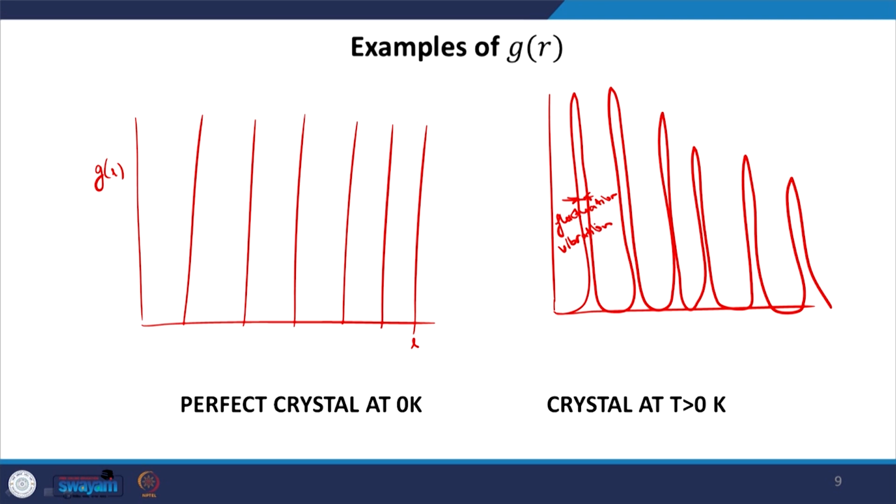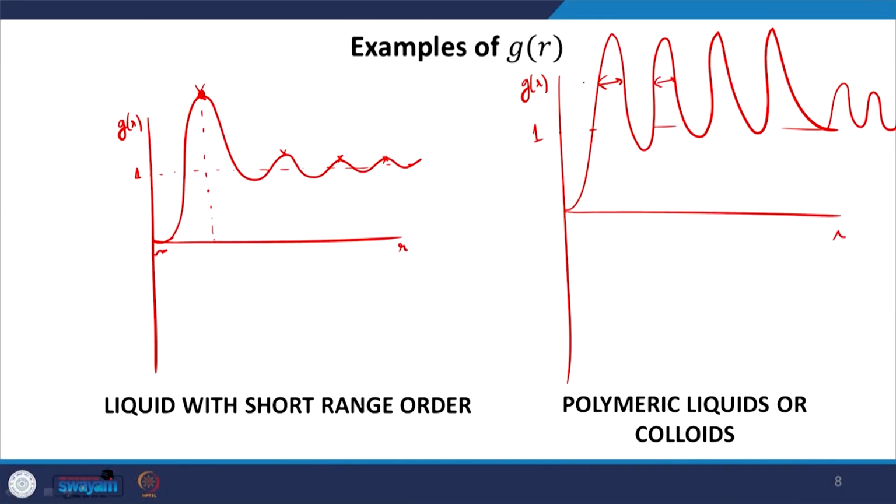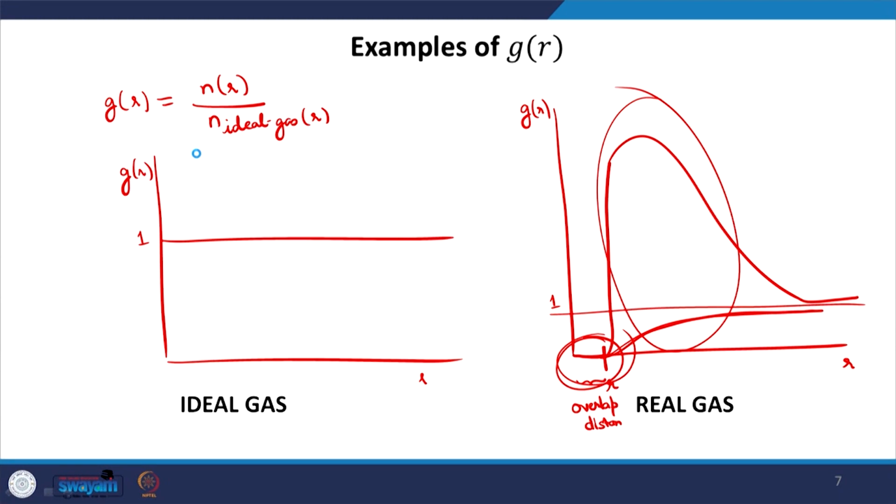So, they look pretty similar to the perfect crystal, except that the peaks are broader, and as you may imagine, the peaks become broader and broader as we go from a solid state to a liquid like state, because you may have noticed the peaks here are pretty broad in these cases, and in the example of gas, the g of r was even broader, right?